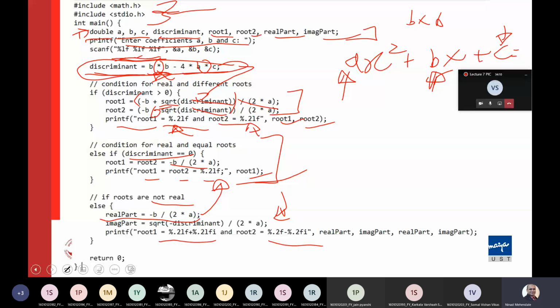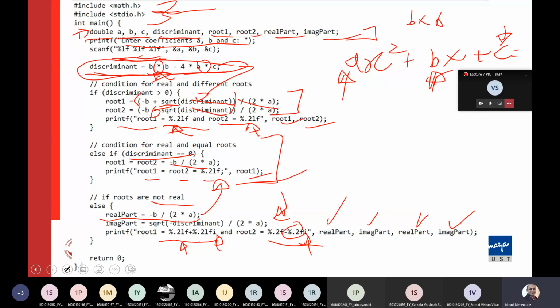So first you write the real part, then percentage, type i for your imaginary number, and then again %.2f. This is how you display real part, imaginary part, real part, imaginary part. Again, the values will be complex conjugates, so you don't have to calculate multiple times. Only one calculation of the real part and imaginary part is good enough.